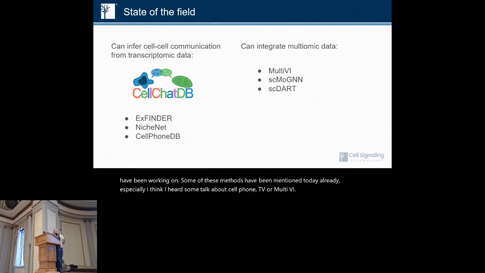There are methods out there which can integrate multi-omic data, and there are also methods addressing another interesting problem that I find really useful, which is inferring cell-cell communication. But none of these methods by themselves were really answering the questions that I had with a particular data set that came into my hands a few years ago.